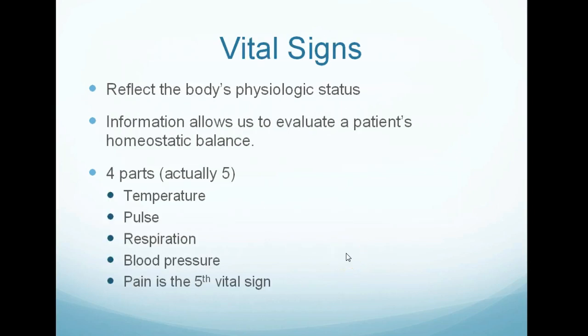As we see here, vital signs reflect the body's physiologic state. So look at the things that we look at for vital signs: the temperature, pulse, respiration, blood pressure, and believe it or not, pain is the 5th vital sign. And in your clinical settings, you will also add on the oxygen saturation.